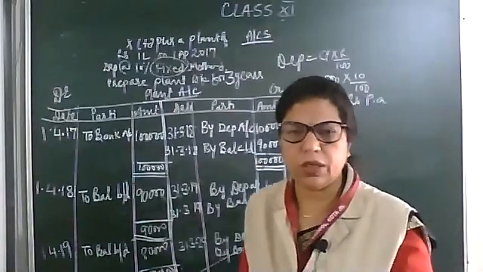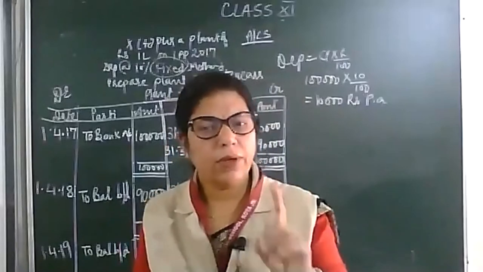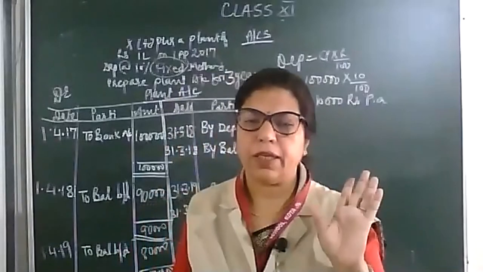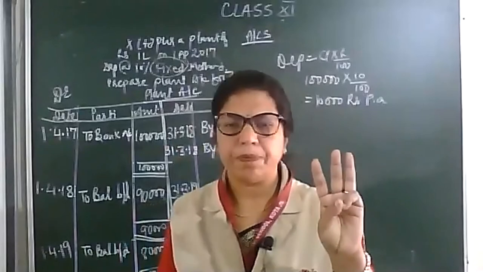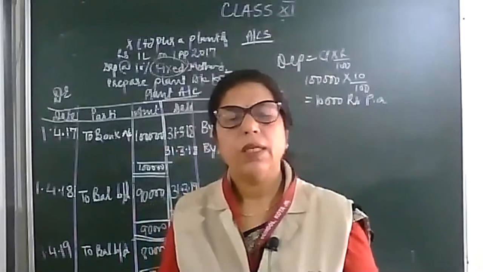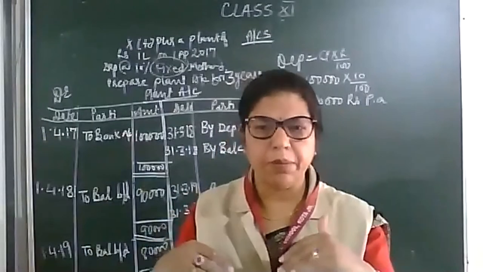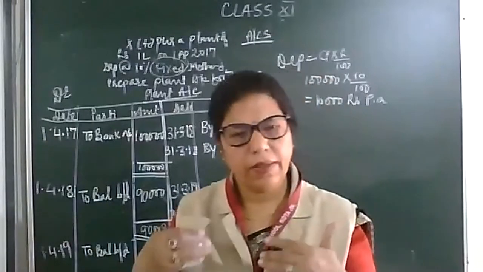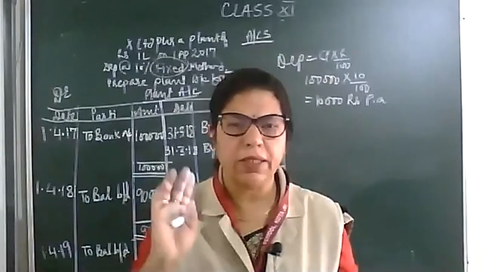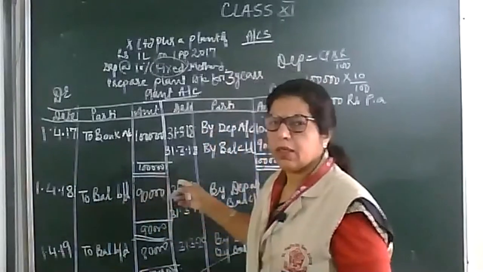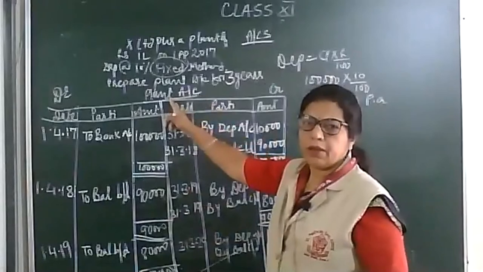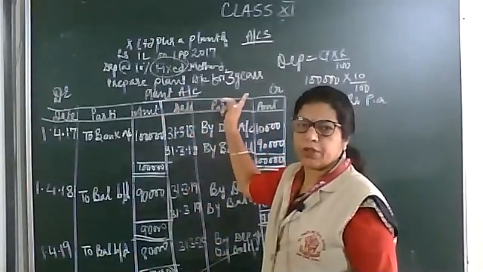It's easy to learn because according to the rules of accounts, there are 3 rules. Inflows debited, outflows credited. The things which are coming in will be debit and the things which are going out will be credit. Here, see. Plant is coming, that's why plant account is debit.